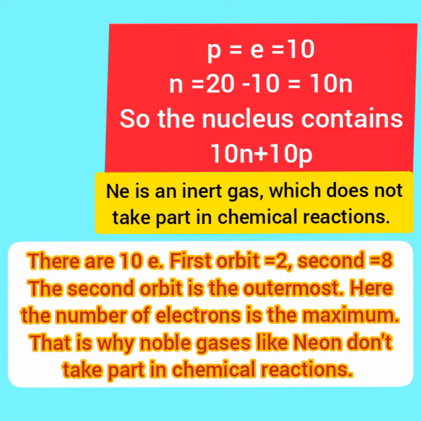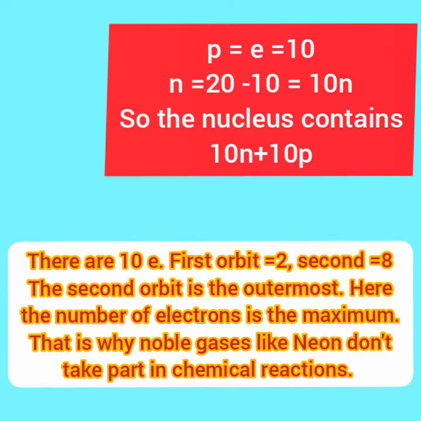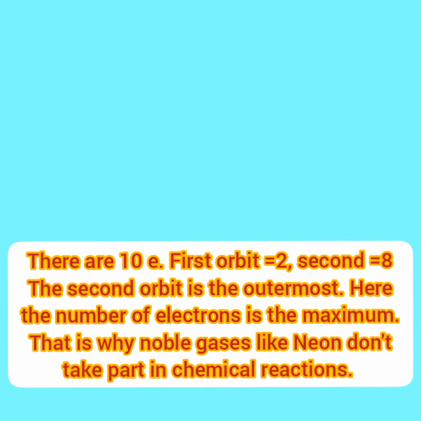And out of the 10 electrons, the first 2 electrons will go to the first orbit. The balance 8 will go to the second orbit, and that is the maximum to be contained in that outermost orbit.